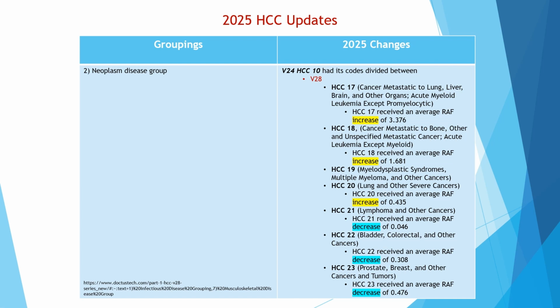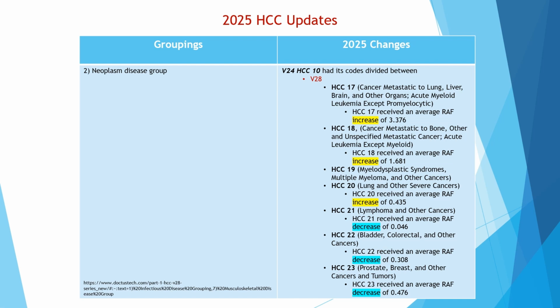HCC 18, cancer metastatic to bone, other and unspecified metastatic cancer, acute leukemia except myeloid, received an average RAF increase of 1.681. HCC 19, myelodysplastic syndromes, multiple myeloma, and other cancers. HCC 20, lung and other severe cancers, received an average RAF increase of 0.435.